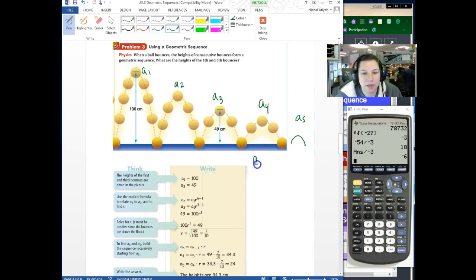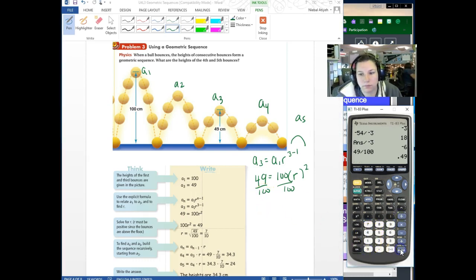You know a3 is 49. First one was 100. So if we solve for r, then take the square root.